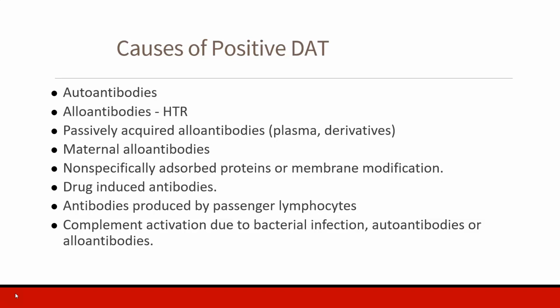Maternal alloantibodies, we've discussed this, hemolytic disease of the fetus and newborn. Non-specifically adsorbed proteins or membrane modification. This is the mechanism for some drug-induced hemolysis. And then drug-induced antibodies are also part of this discussion. Antibodies produced by passenger lymphocytes, we've talked about this. This is graft versus host disease. And complement activation due to a bacterial infection.